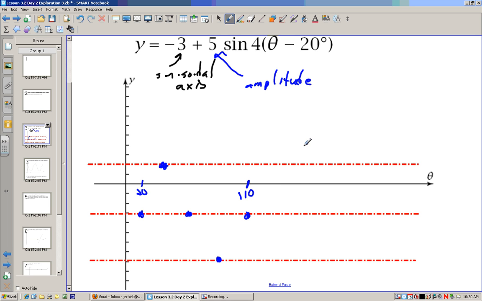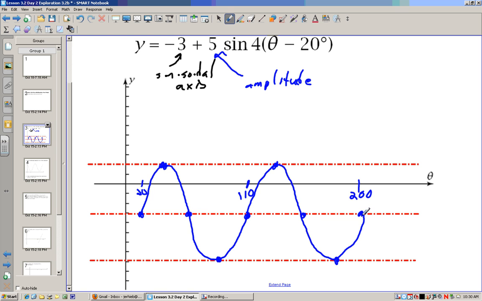And this tells us to do 2 cycles, so if we add 90 more, so take this distance, bring it over, that would be at 200, and there it's going to end in the middle, so we can draw our quarter, half, and 3/4 distances. So now we can have this, and it's going to go up, come down, hopefully your graph looks exactly like this graph, or close enough.